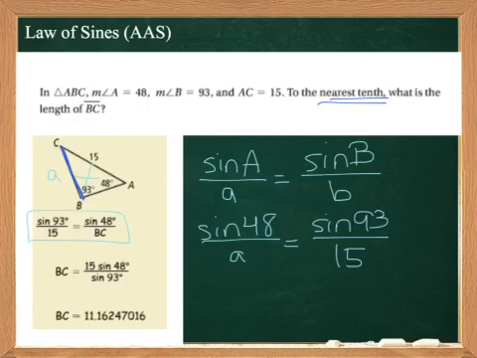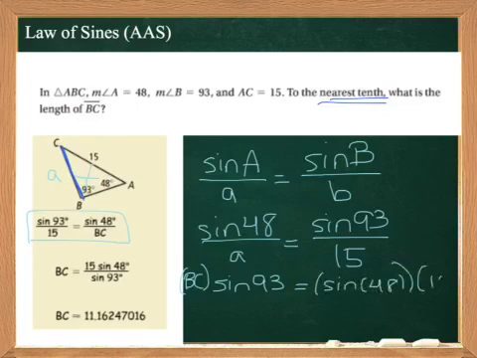When we cross multiply, we get sine of 93 degrees times the length of BC equals sine of 48 degrees times 15. To get BC by itself, we divide both sides by the sine of 93 degrees.